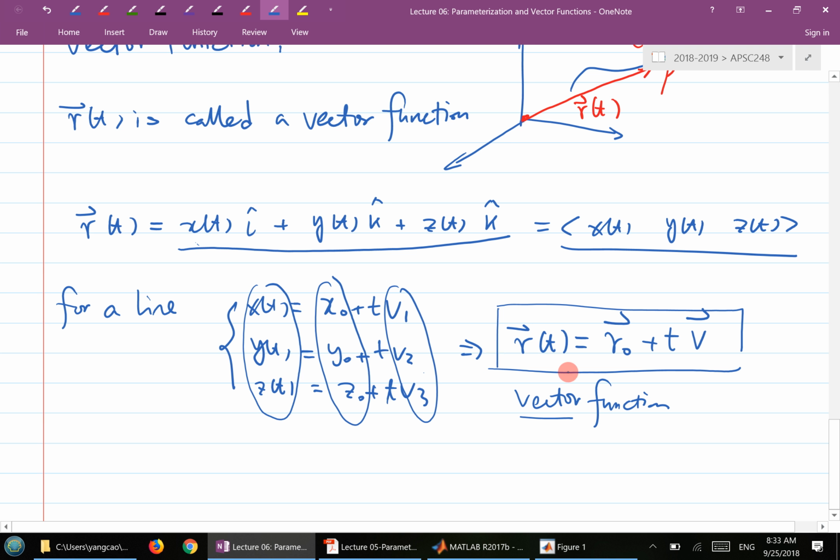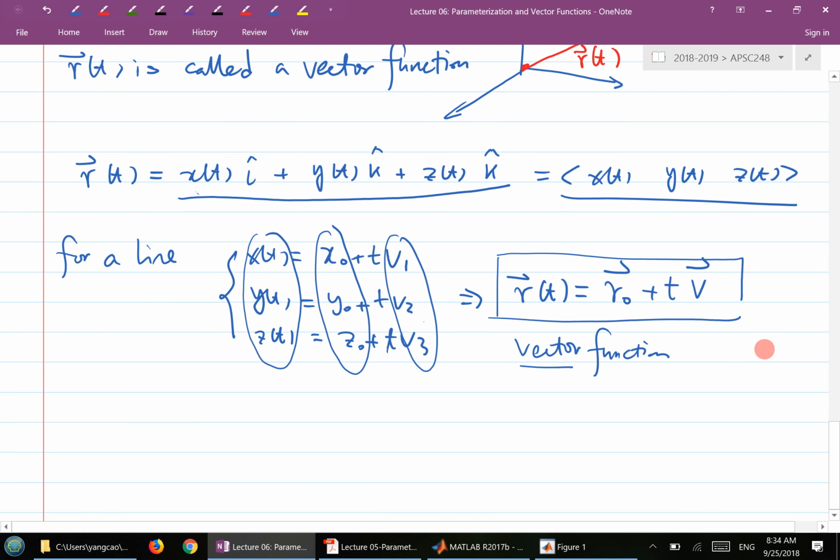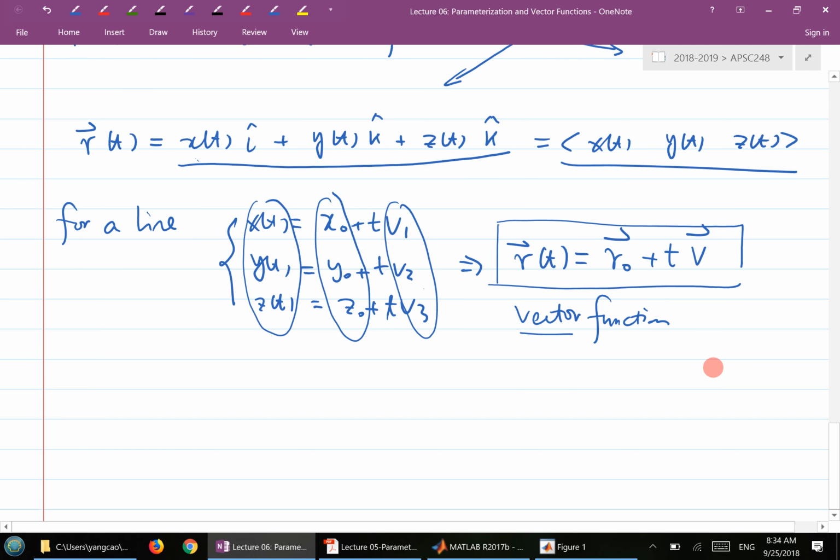So until the end of this lecture, we'll look at derivatives and integrals for vector functions. As you're going to see, it's the same idea, and you will see much similarity with derivatives and integrals for a scalar function.